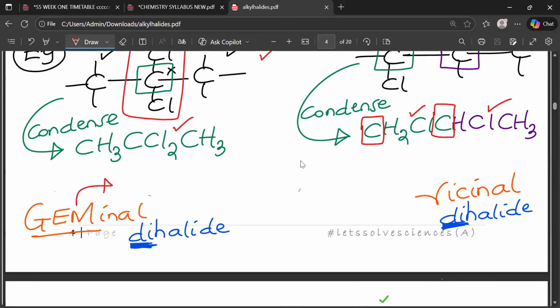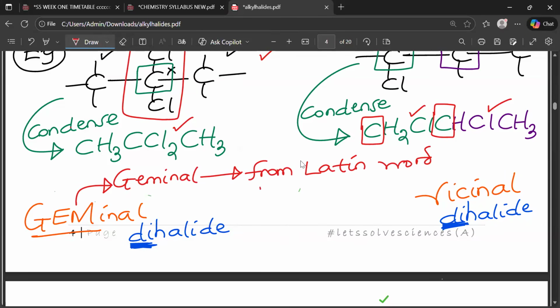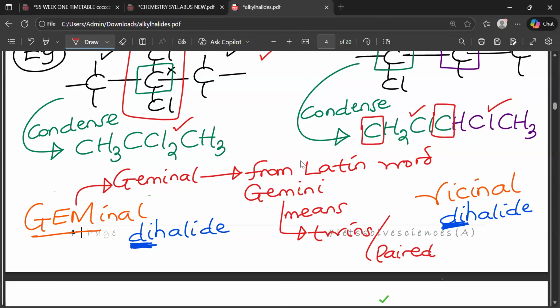Geminal comes from a Latin word, Gemini, which means twins or paired.